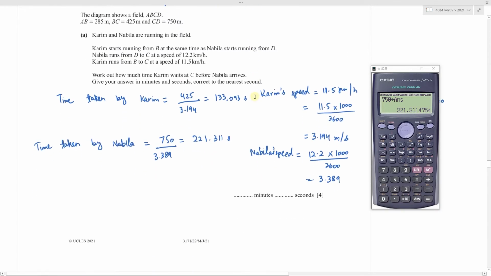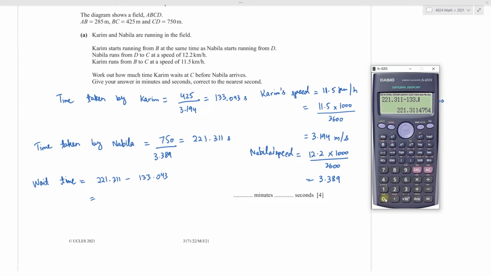The difference is the waiting time, the time that Kareem waits at C before Nabila arrives. So the wait time is 221.311 minus 133.043, which is 88.268 seconds.